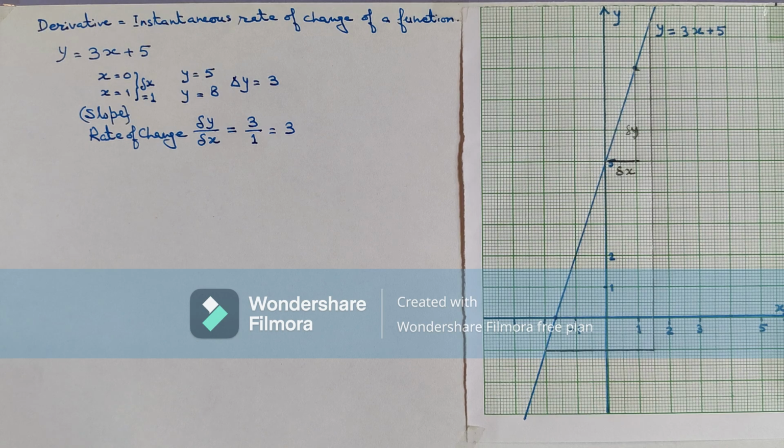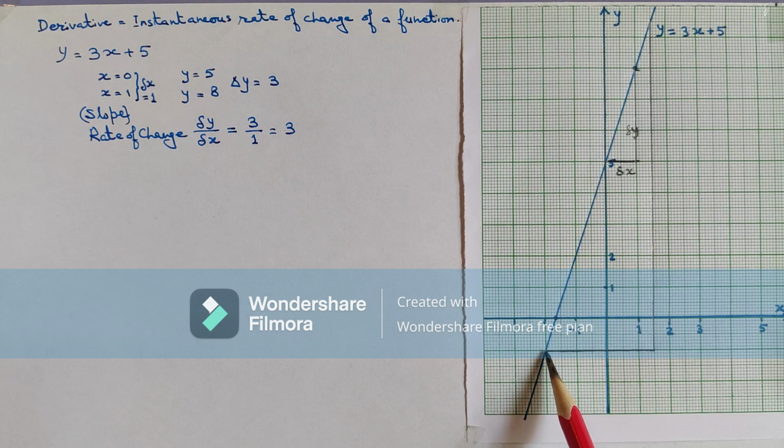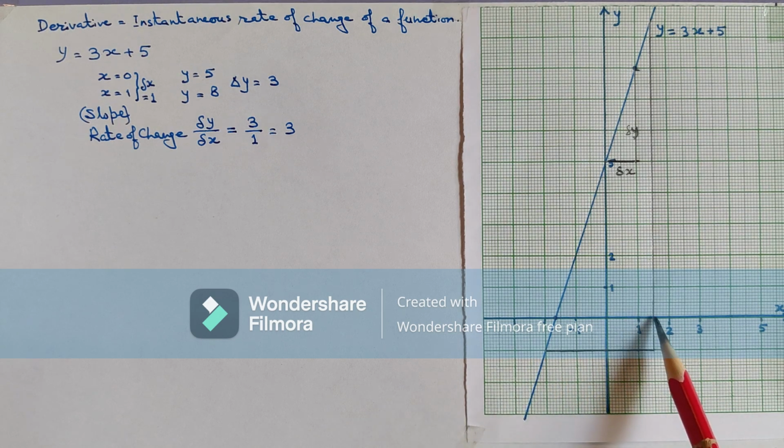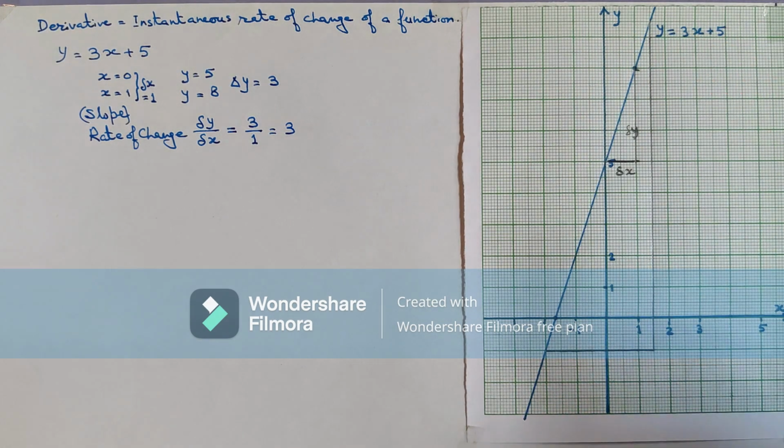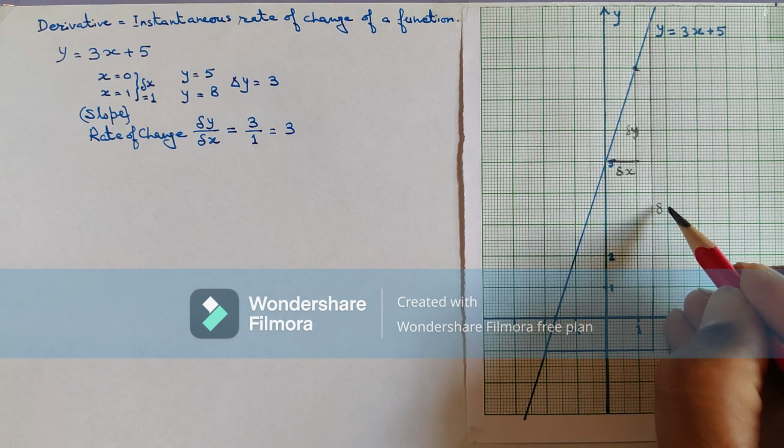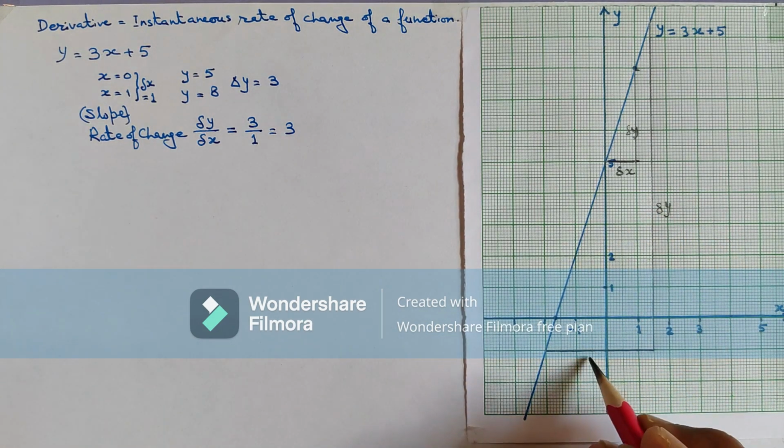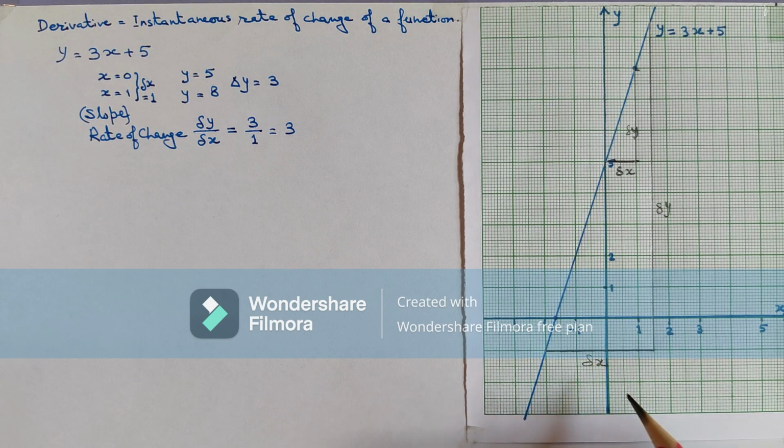Notice in this case, I could have taken any two different points. I take x is equal to minus 2, so y works out to minus 1, that is this point, and x is equal to 1.5, so y works out to 9.5. So in that case, this becomes my delta y and this becomes my delta x. 1.5 minus minus 2, that is 3.5.